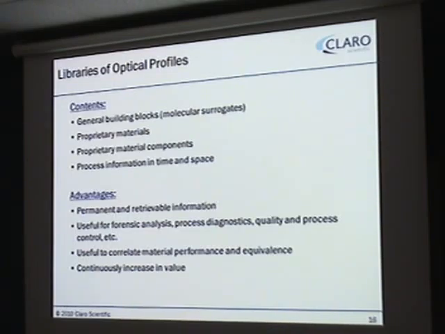The libraries of optical properties are built at different levels. They can be built all the way from the atomic and molecular level to macroscopic properties like what would be the absorption and refractive index of a suspension of red blood cells or bacteria. They include proprietary materials, in the case of industry, and proprietary material components.